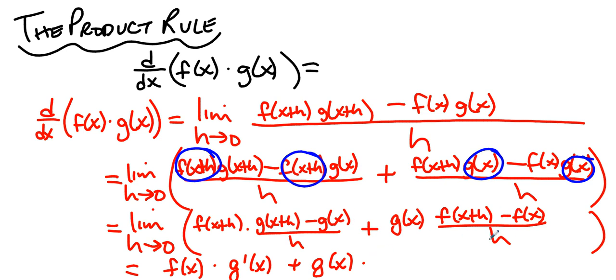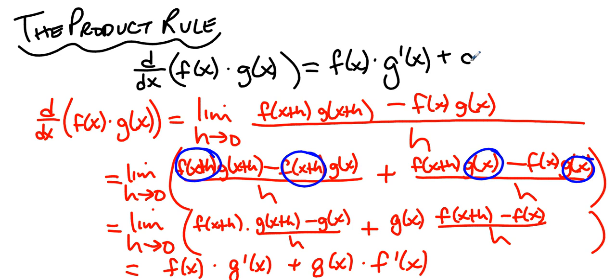And that difference quotient as h approaches 0 becomes f prime of x. So the product rule is so much fun. It's 1 prime 2 plus 2 prime 1. One function times the derivative of the other, plus the other function times the derivative of the one.